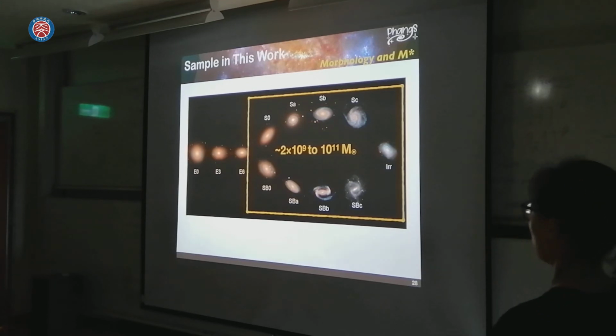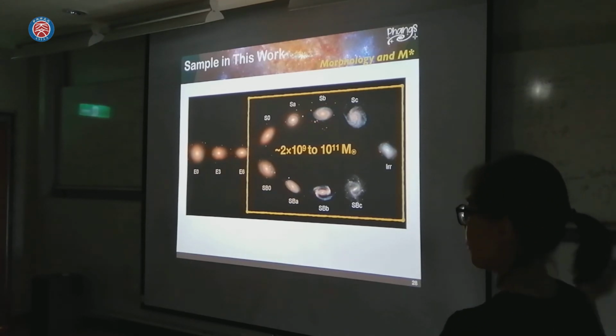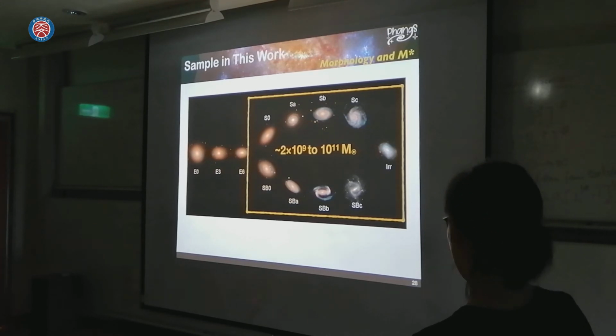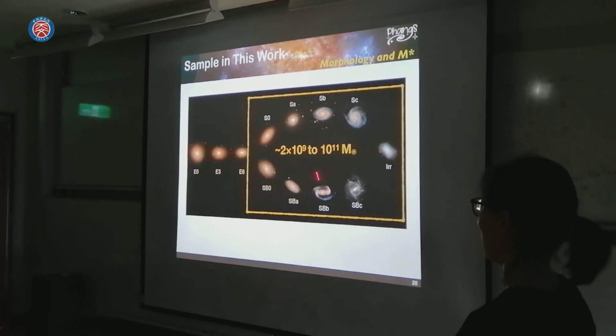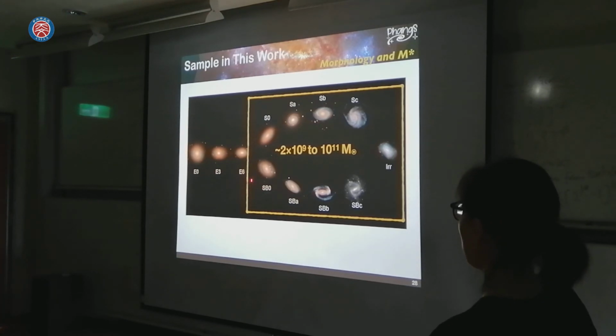And here I show you the morphology and stellar mass of the 51 galaxies. In fact, PHANGS doesn't have early type galaxies, so we don't have early type galaxies in the sample. The earliest type we have is S0, and the latest type we have is irregular galaxies.